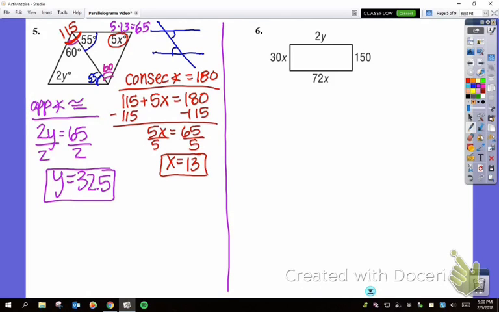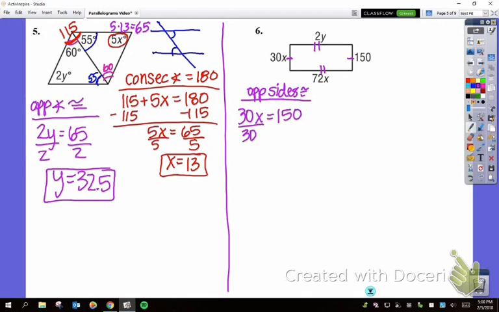Now, number 6, we've got consecutive sides and we've got opposite sides, so we have to figure out what we can find first. Our opposite sides that are congruent are 30x and 150, and then these are congruent at 2y equals 72x, but we cannot put y and x in the same problem. So we need to find x by saying opposite sides are congruent, and we're going to say 30x equals 150.